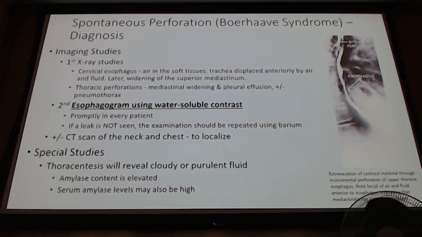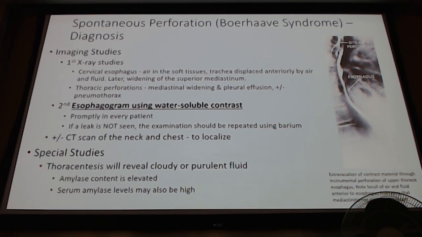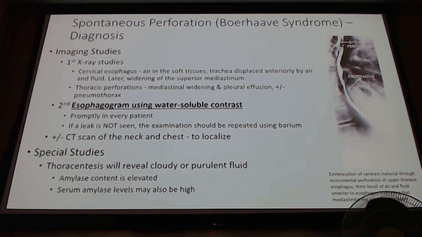And as a last resort, we can do a CT of the neck, chest, and abdomen to localize where this perforation could be. Or if it's not a perforation, because both the water-soluble swallow study and the barium swallow study don't prove a leak, then we can do a CT scan to figure out what else it could be.